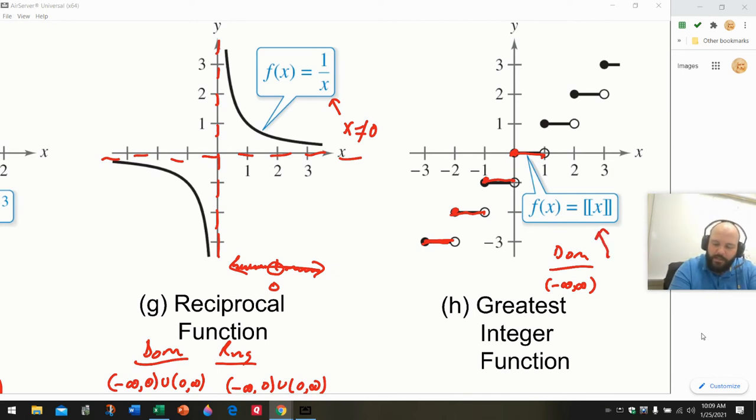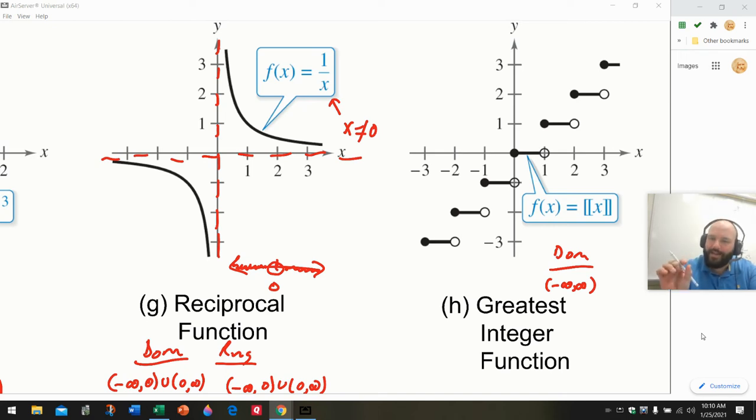Now, the range is a little bit different. The reason why it's called the greatest integer function is this function always rounds numbers down. So if you put the number 2.5 in there, it would round down and the output would be 2. If you put the number 2.9 in there, it would round down to 2.